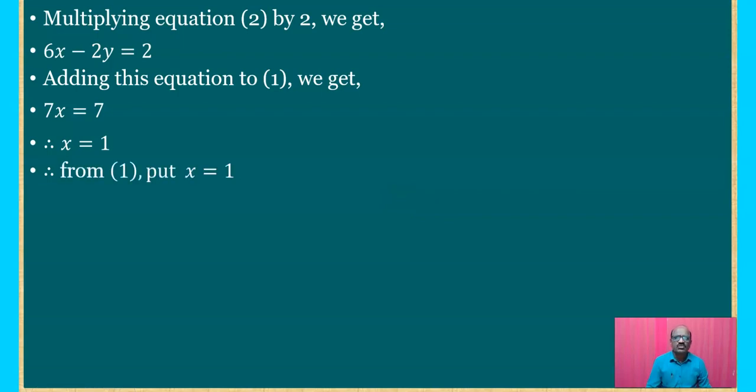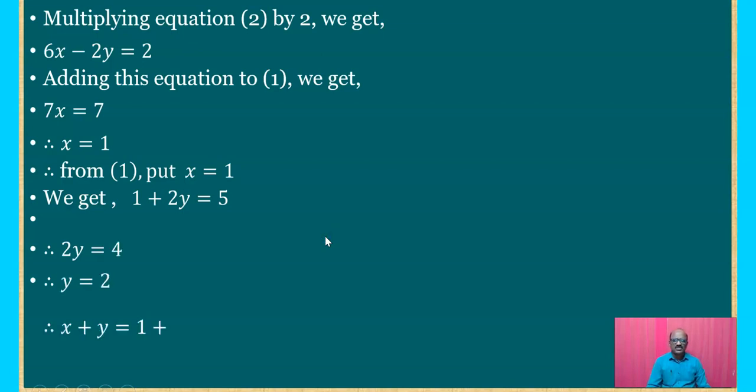Therefore, from 1, put the value of x is equal to 1. We get 1 plus 2y is equal to 5, 2y is equal to 4. Therefore, y is equal to 2 and hence the value of x plus y is equal to 1 plus 2, which is equal to 3. Next, this is the last example.